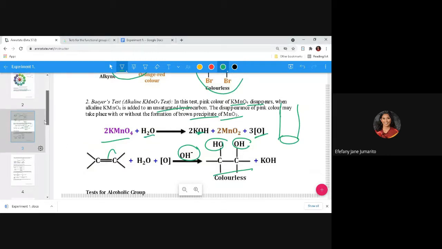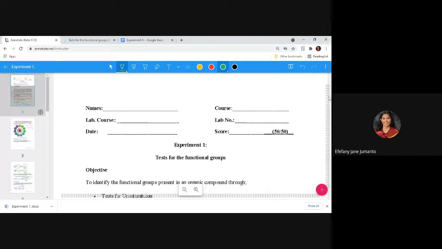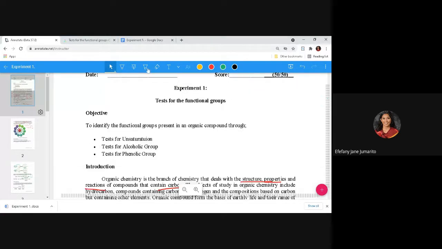Now let's go to our objective 2. Read objective 2.